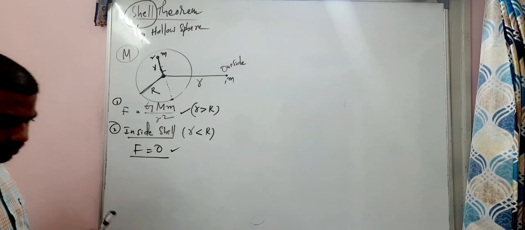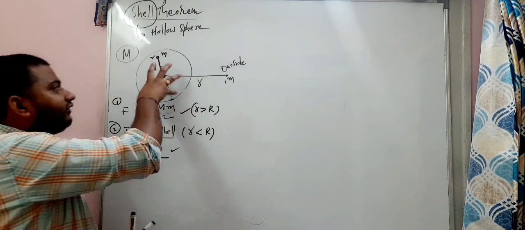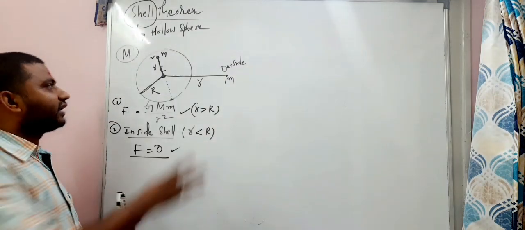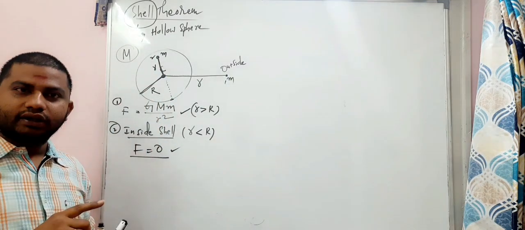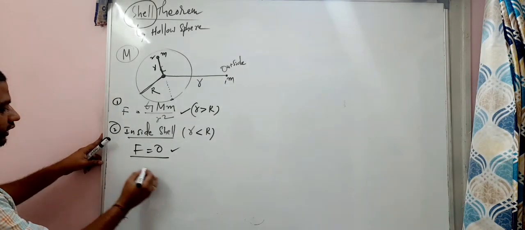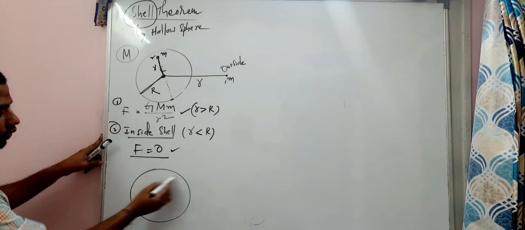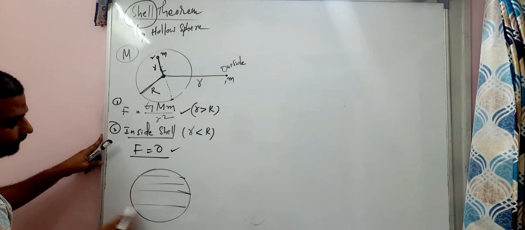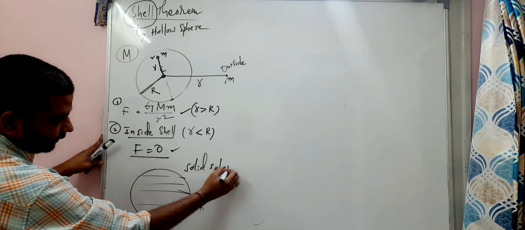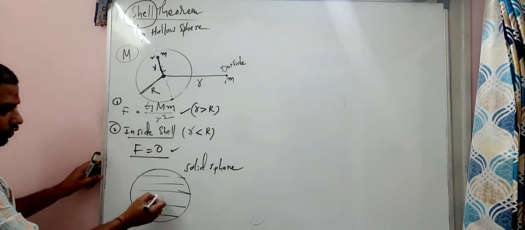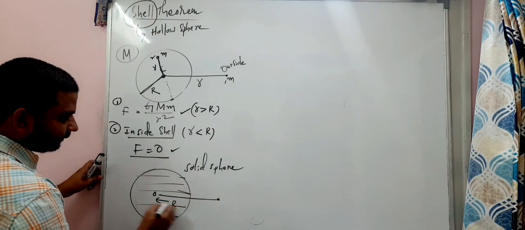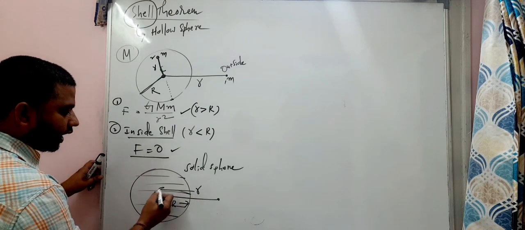For example, if it is a sphere, that situation will be different, right? That will be discussed later. If this is the sphere, inside the sphere the force will not be zero, right? So I am just writing here. For example, the solid sphere. This is the center, this radius is r, and our r is a small distance.